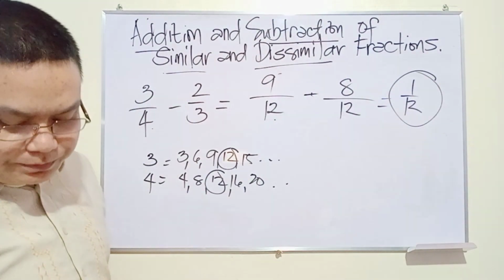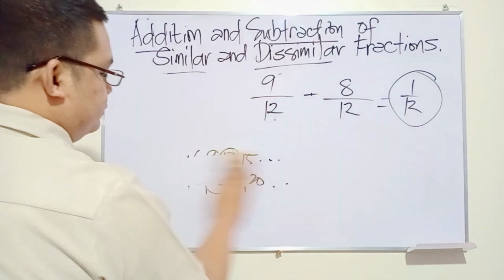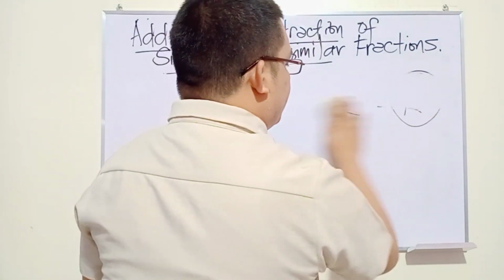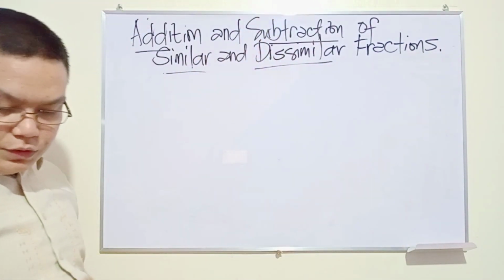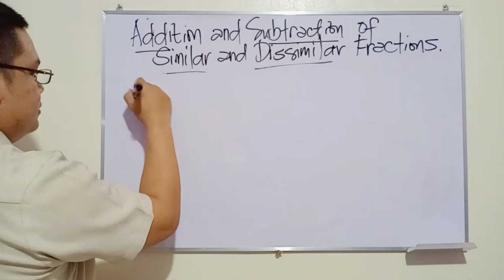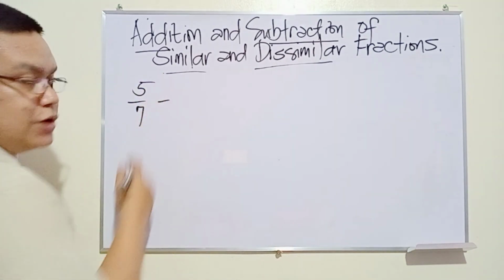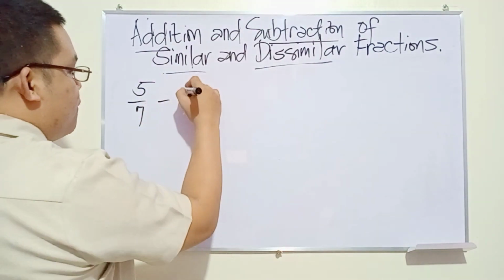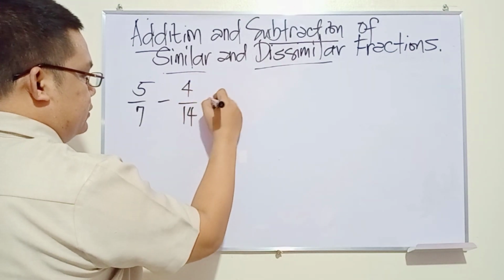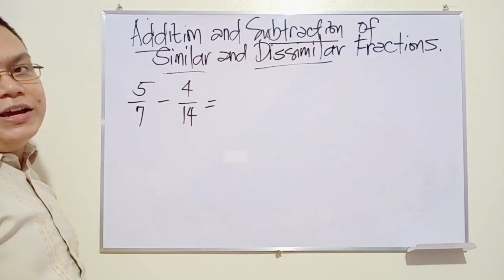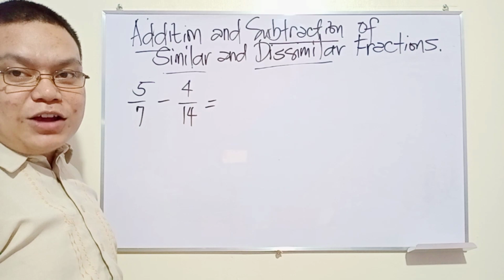Another example. We have 5 over 7 subtracted to 4 over 14. So magkaiba ulit ang denominator ng dalawang fraction.